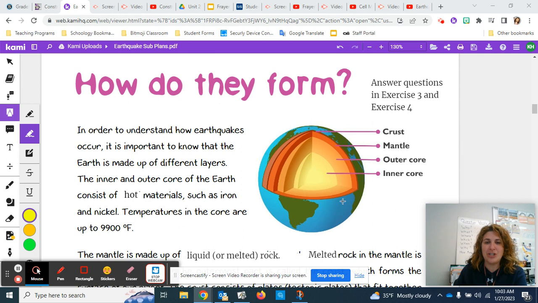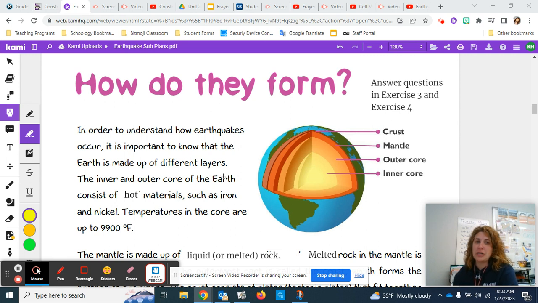If you look at the image, there are 4 layers of earth. The crust is the outer layer. The mantle is the next layer. This picture doesn't show, it's the thickest. It is a hot liquid, the outer core, and then the inner core.